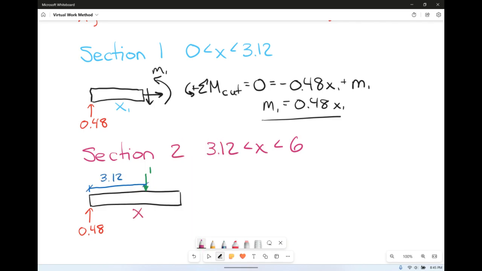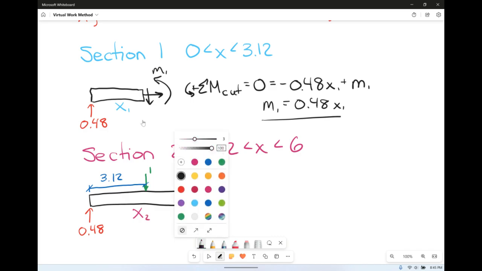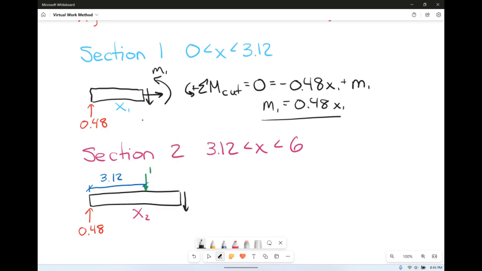We have x2 across the bottom, and we have internal shears, normals, and moments, little moment 2 at the cut. So again, we're going to sum the moments at the cut, set it equal to 0, counterclockwise to be positive.